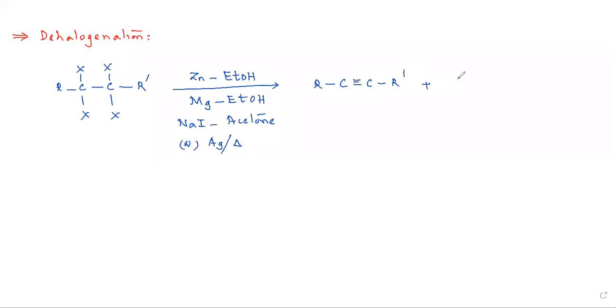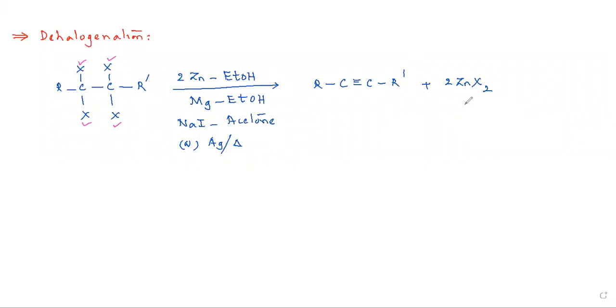See, along with this, we get 2 moles of ZnH2. So all these are eliminated. You are eliminating 2 atoms from each carbon atom, so you get a double bond between the two, extra 2 bonds.